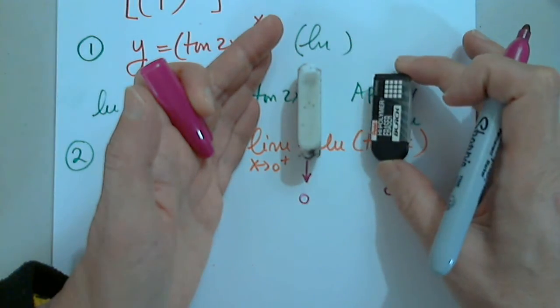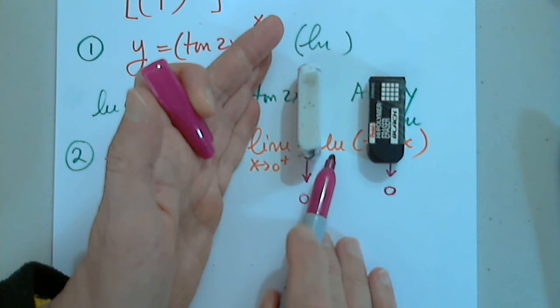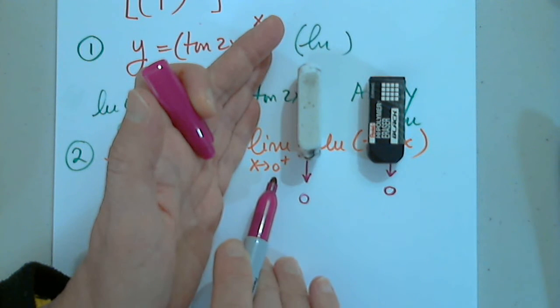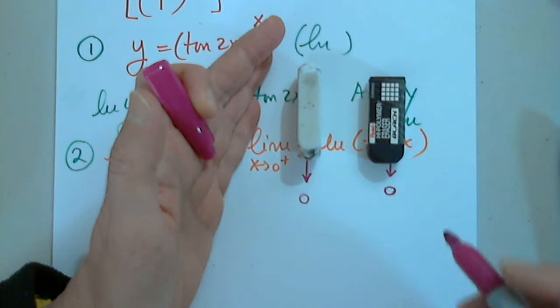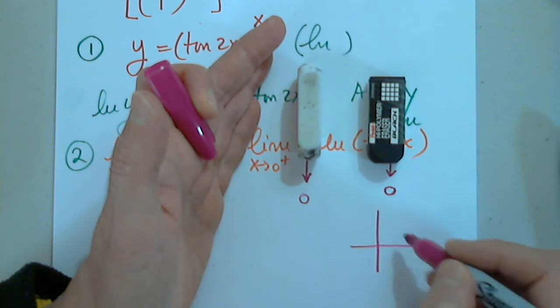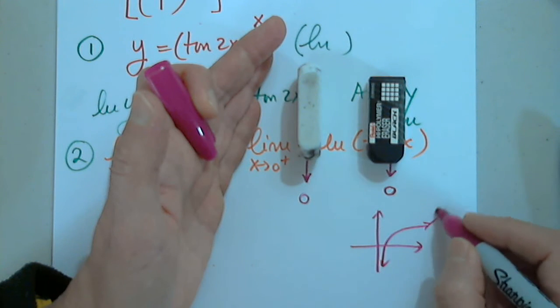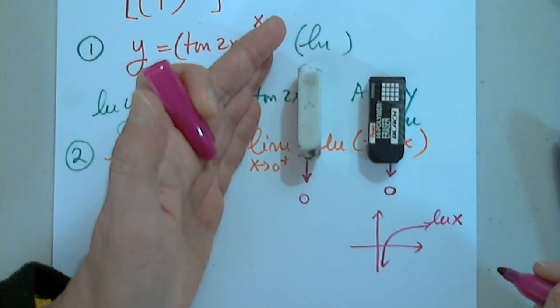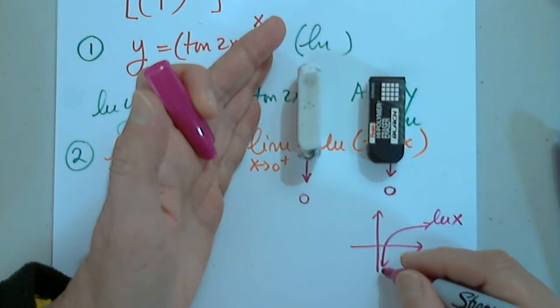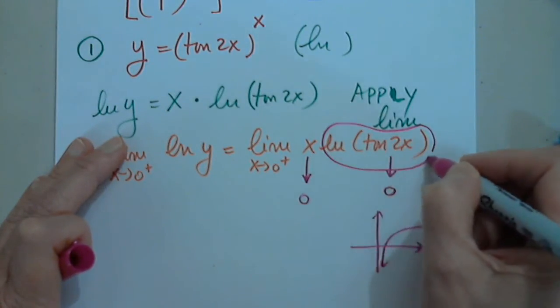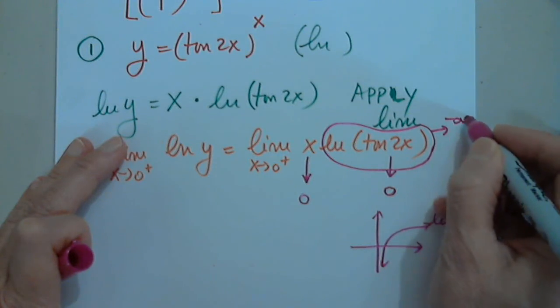Now, where is this going? Natural log of 0 from the right. Let me refresh your memory on the graph of natural log. Infinity. Careful. You're right with infinity, but it's negative. So this approaches negative infinity.